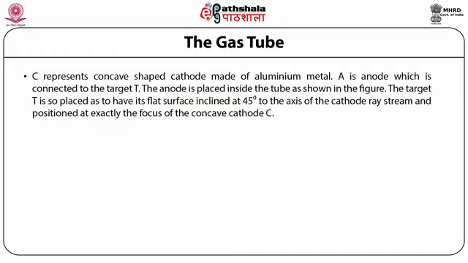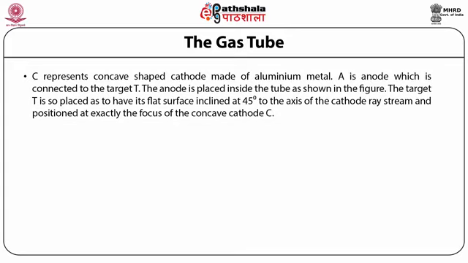A is the anode, which is connected to the target T. The anode is placed inside the tube as shown in the figure. The target T is so placed as to have its flight surface inclined at 45 degrees to the axis of the cathode ray stream and positioned at exactly the focus of the concave cathode C.